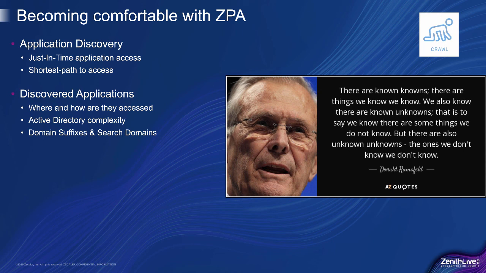And when we discover the applications, we'll find out where they are and how they are accessed. Active Directory is complex, and we might need to add additional domains for authentication. We might need to add additional domains for our auto-discovery process, just to be able to know about all of the applications as users access them. We need to specifically think about the domain suffixes and search domains.